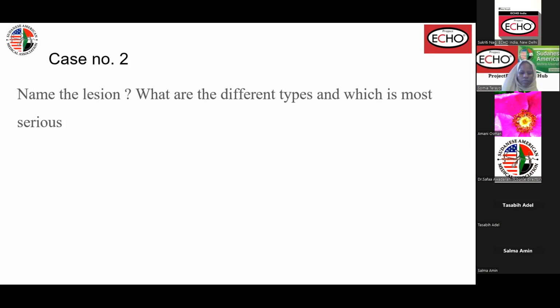I can go back so you can look at the pictures again if you want.